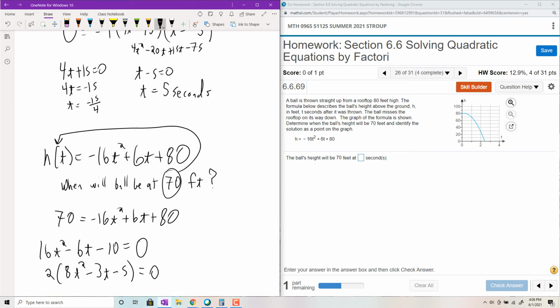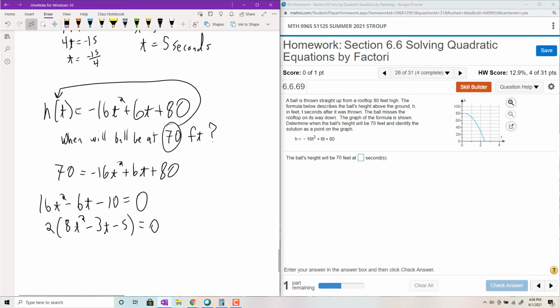And judging from the graph, it looks like one of those solutions is t equals 1, right? So you know one of the factorizations will be t minus 1 just because of that. The other, I assume, will be 8t plus 5. Make sure it works.